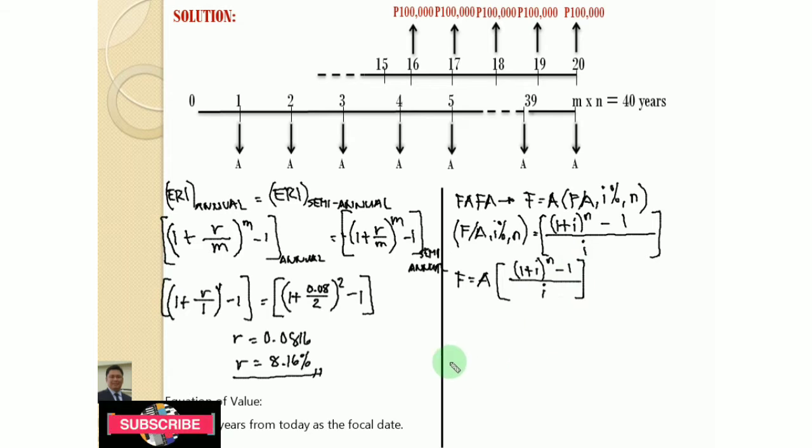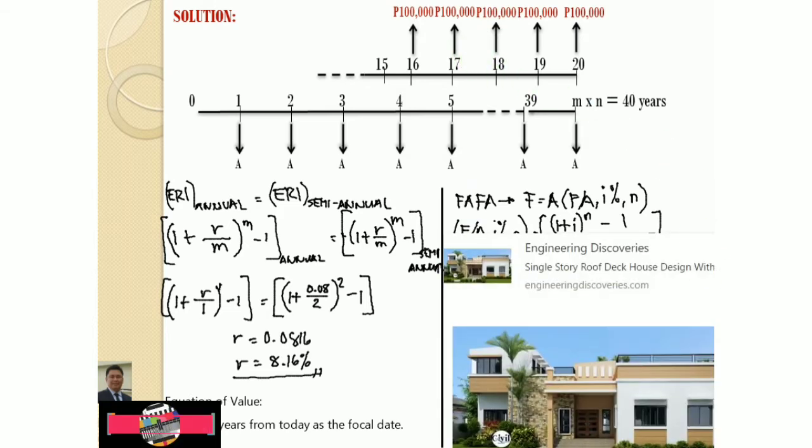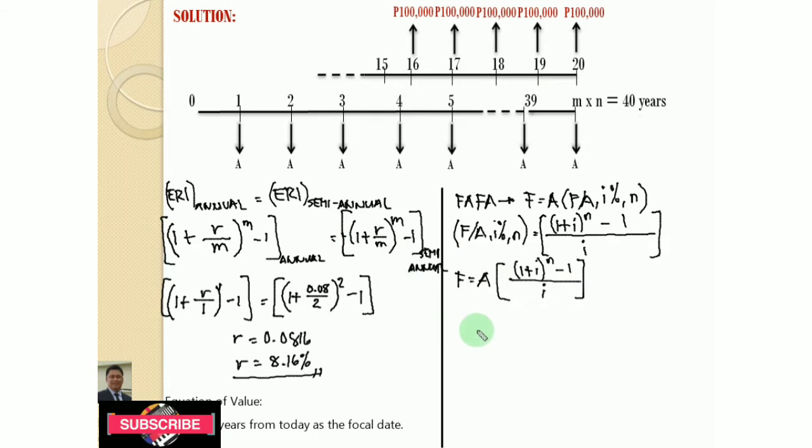Based on this equation of value, this cash flow for the deposit is just equal to the other set of obligation, which is the cash flow for the withdrawal. So our cash flow for deposit is equal to our withdrawal.